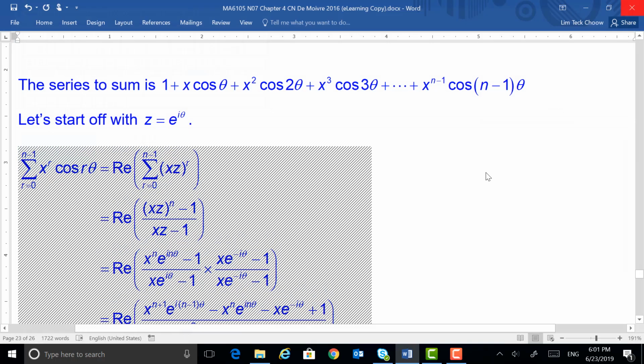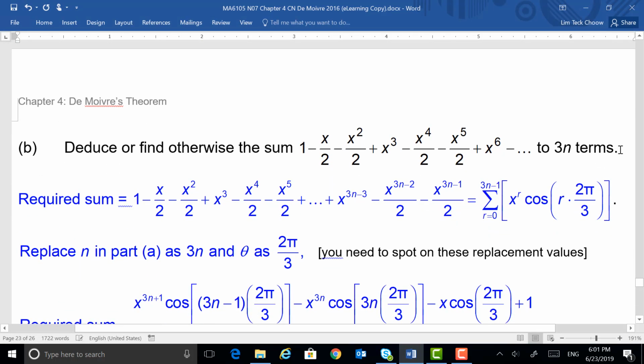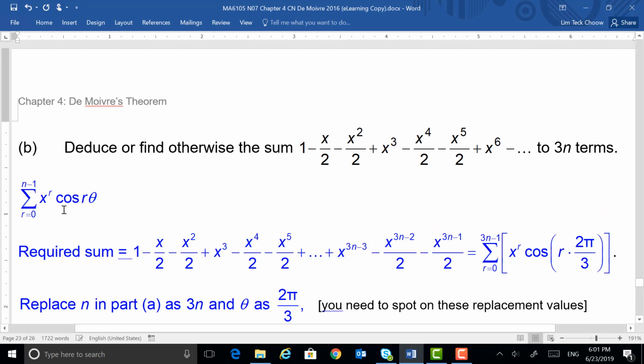I'm going to copy below. This was the original series that we proved earlier, right? So as I said just now, we have changed the upper limit to 3n minus 1 because you want to sum up to 3n terms.